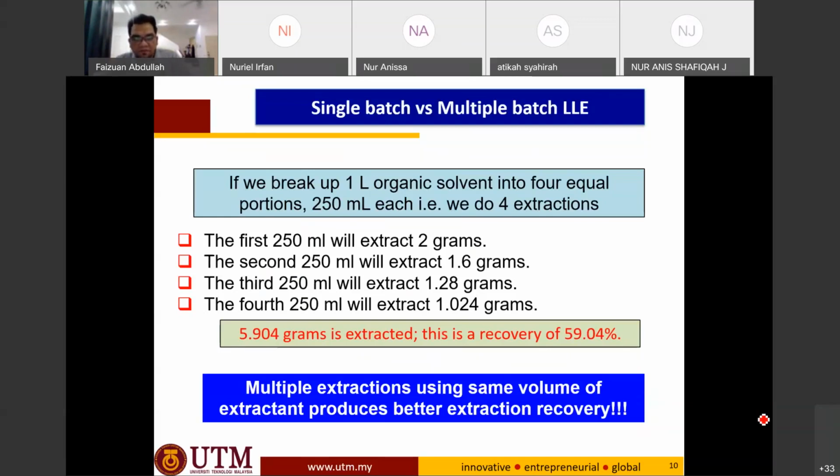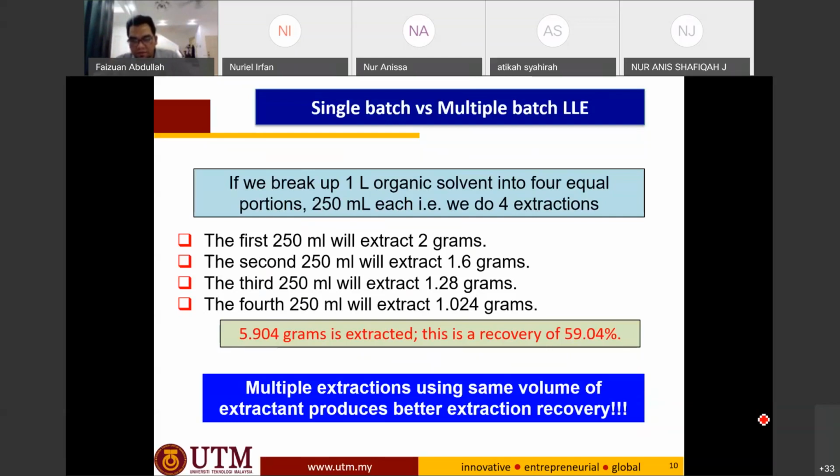So the recovery is now 59.04%. So multiple extraction using same volume of extractant produce better extraction recovery.